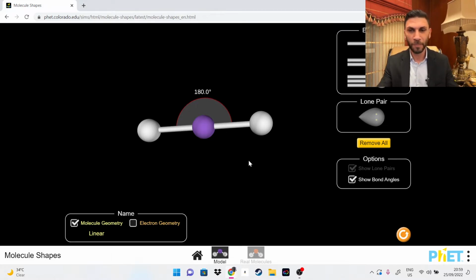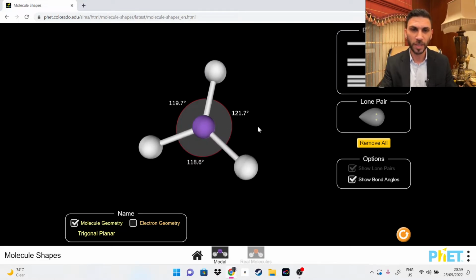All right. Now, for the AB3, I'm going to add one more bond, and it's going to be trigonal planar, and the hybrid orbital should be sp2 because we have total number of 3 pairs, so it's going to be SPP, sp2, and the angle between the bonds is 120. All right.